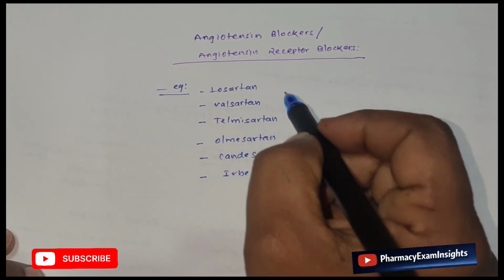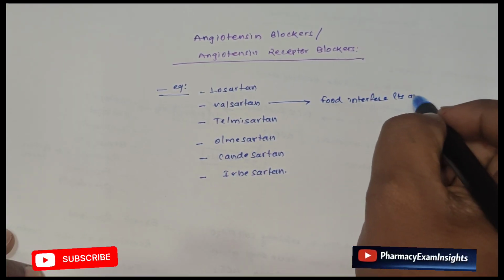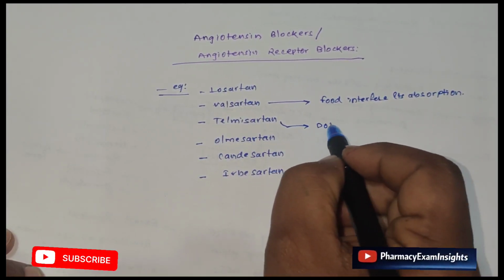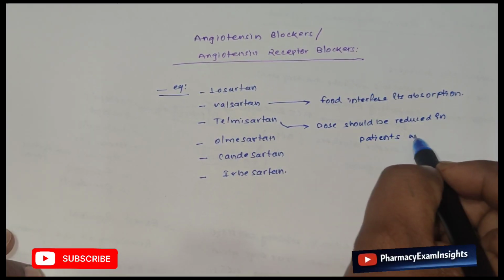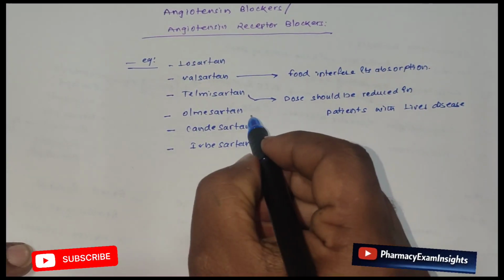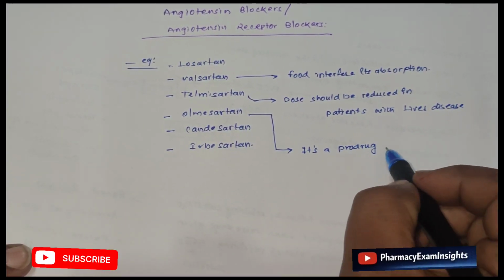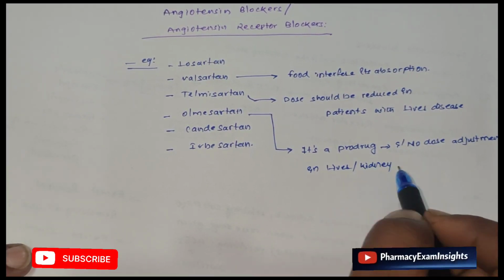Valsartan: food interferes with its absorption, so it should not be taken immediately before or after food. Telmisartan: dose should be reduced in patients with liver disease. Olmesartan: it's a prodrug and dose adjustment is not required in liver or kidney disease.